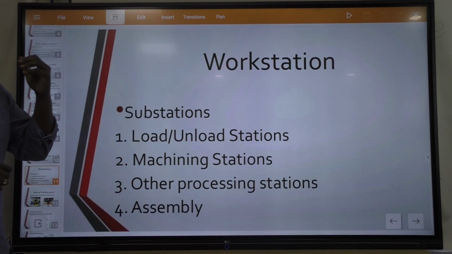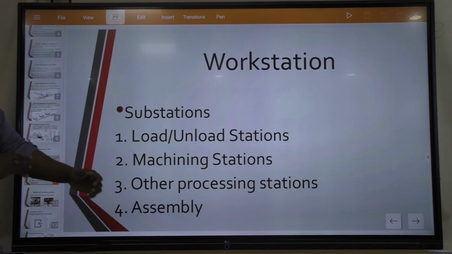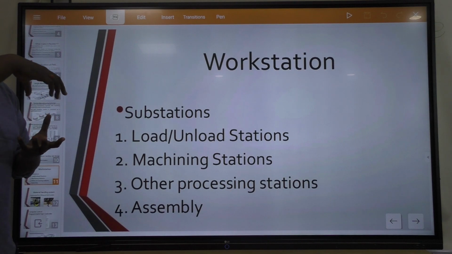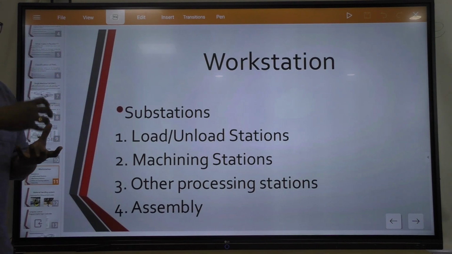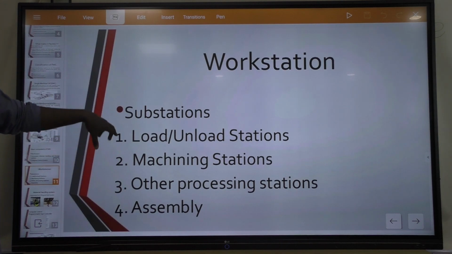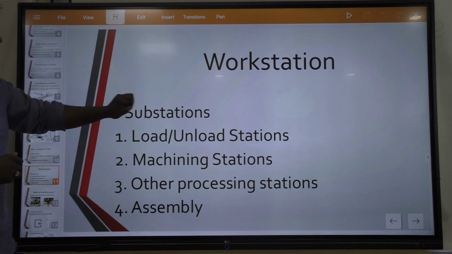So various operations you have to follow. You can divide them into substations, in which loading and unloading station means, suppose you want a raw material to be loaded directly by the help of some robot to a machine, you can do it by the help of this flexible manufacturing system, by the help of the loading and unloading system.